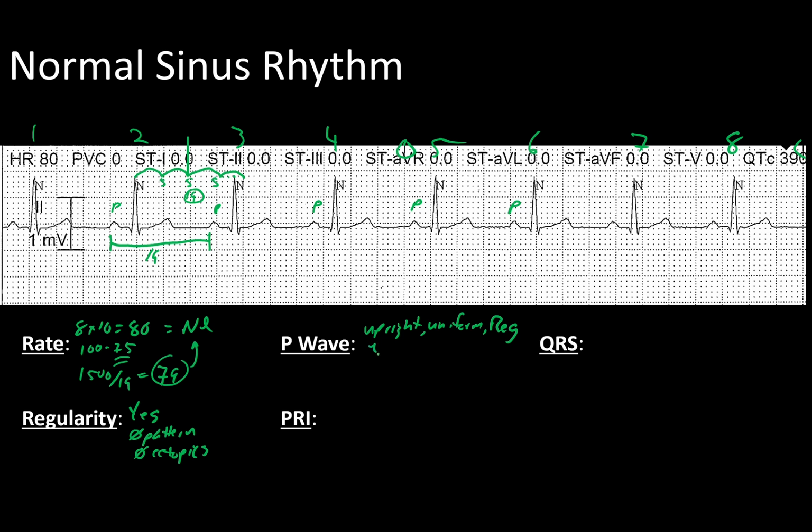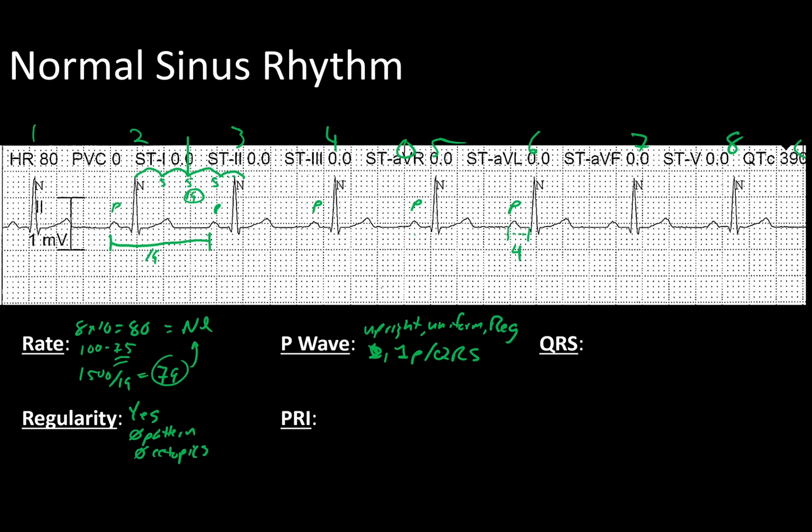And I have 1 P for every QRS. That's about all I can hope for there. Let's go ahead and measure out a PRI, and this will actually be one of the easiest to measure because it falls just on this side of the line. And then I'll measure this one here. So I've got 1, 2, 3, 4.